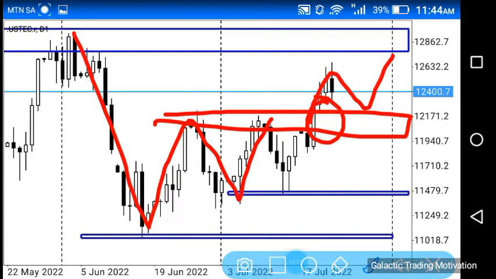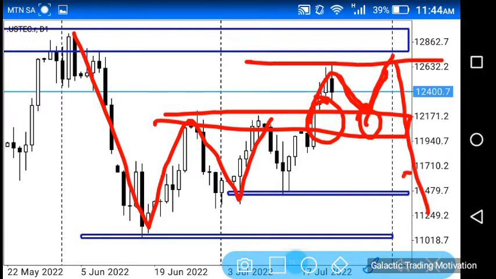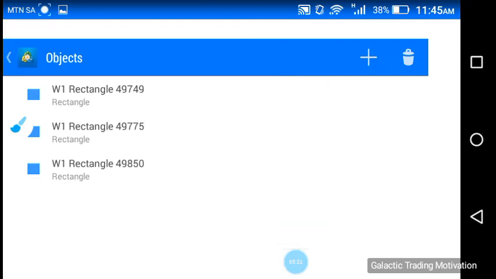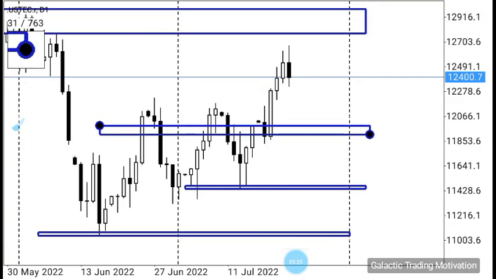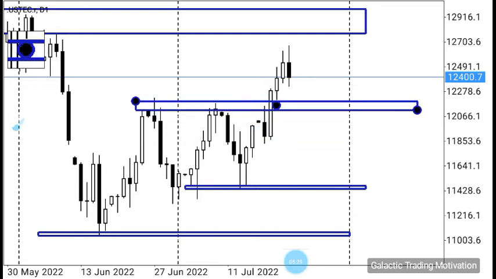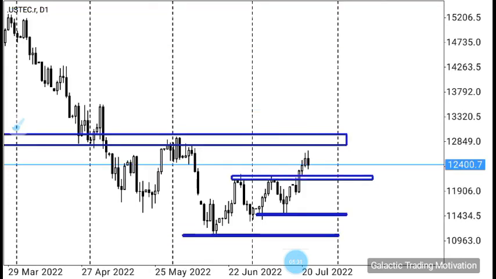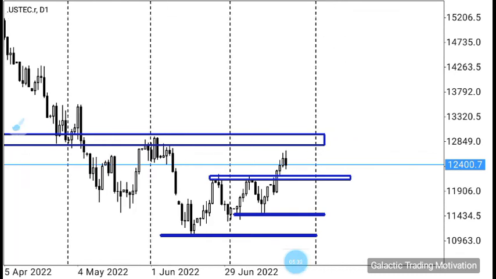And as I said, guys, price may come to this point to retest this neckline, push further up to where Friday's high is, and then from there possibly push further down to at least this area, forming an M structure. I hope that makes sense. Nonetheless, I'm just going to add a neckline to that W structure. Just bear with me. There we go. I hope this is making sense.